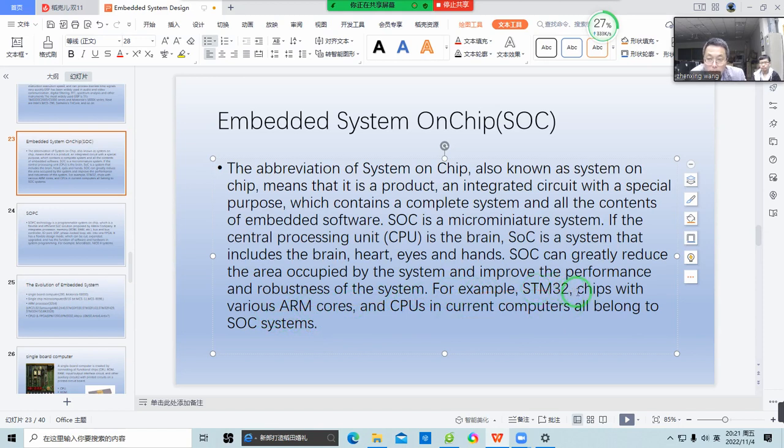There are F1, F2, F3, F4, belonging to Cortex-M0, Cortex-M3, Cortex-M4, Cortex-M7. The STM32H7 series can run at 520 megahertz, very, very fast.